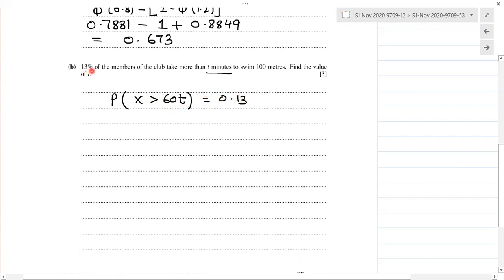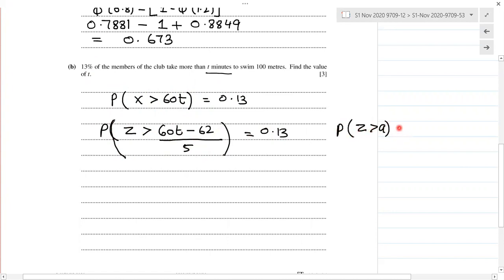as it says over here, 13%. So once we standardize this, we get z being greater than 60t minus 62 upon 5. That's equal to 0.13. Now for a greater value, we have probability of z being greater than a, we do 1 minus phi of a.